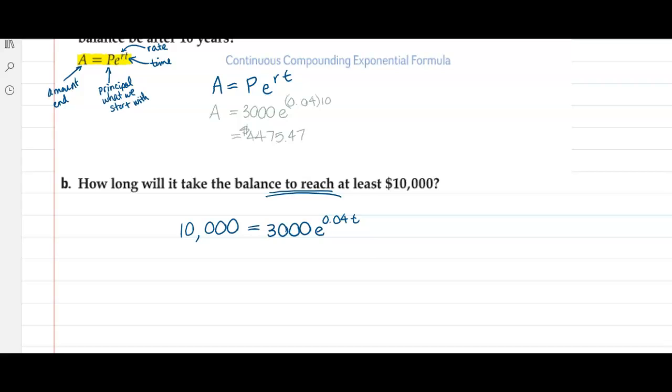So now when you think about solving this, it's going to be a little bit more challenging because our variable is our exponent, and it's not isolated yet. So the first thing we need to do is divide by 3,000 on both sides.